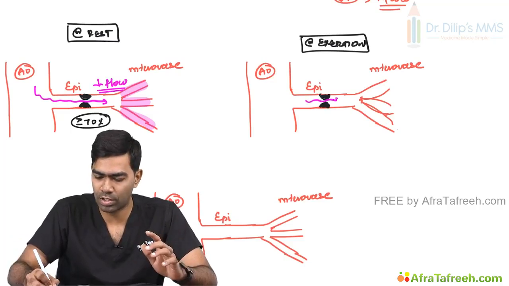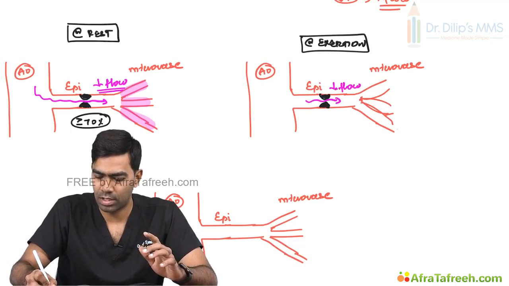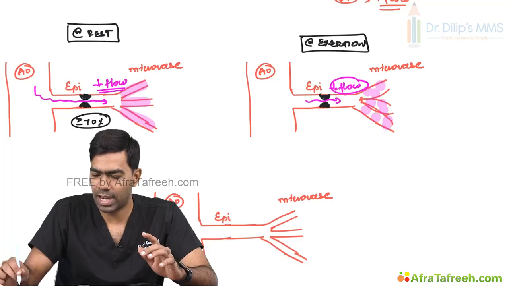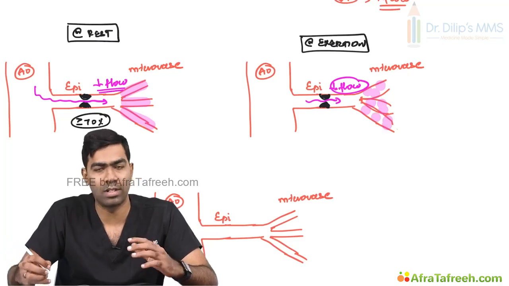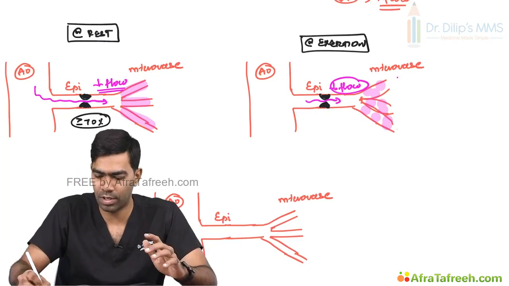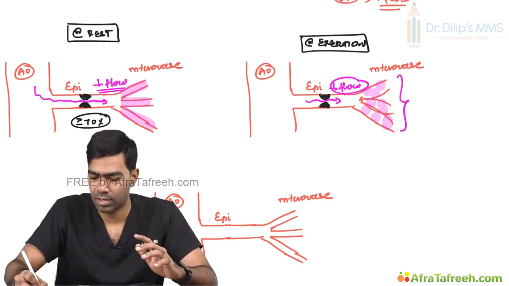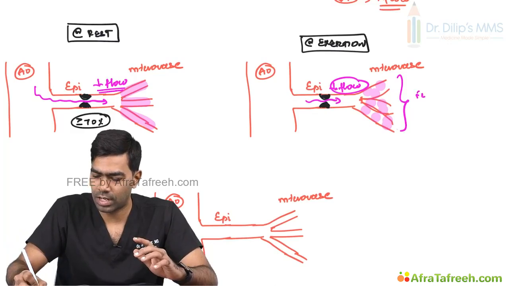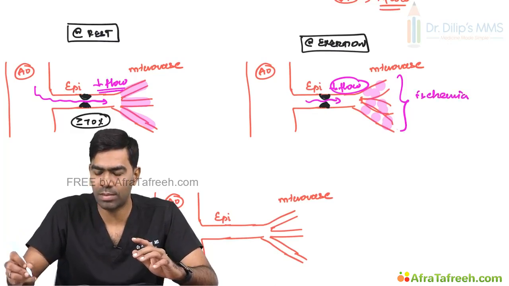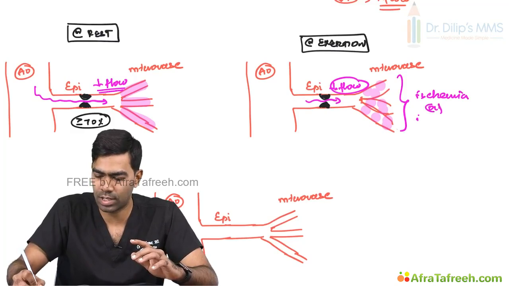Remember, if the flow does not increase, this reduced flow will not be able to fill up the dilated microvasculature, which means the microvasculature will not be adequately filled, so the myocardium cannot use sufficient oxygen, and they can go for ischemia, and in worst case scenarios, they can even go for infarction.